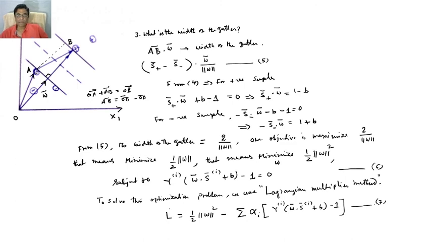So we have formulated the Lagrangian function L. How? We just copied the objective function here, and since the constraint expression is 0, alpha times this expression has not changed anything, right? But it has done a great thing, which we are going to see. So this is the Lagrangian multiplier method: you multiply the constraint with the Lagrangian multiplier and incorporate it into your Lagrangian function.